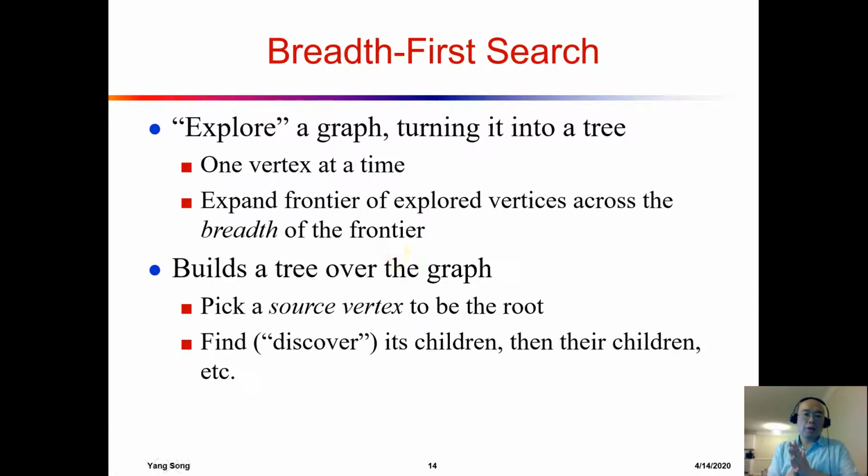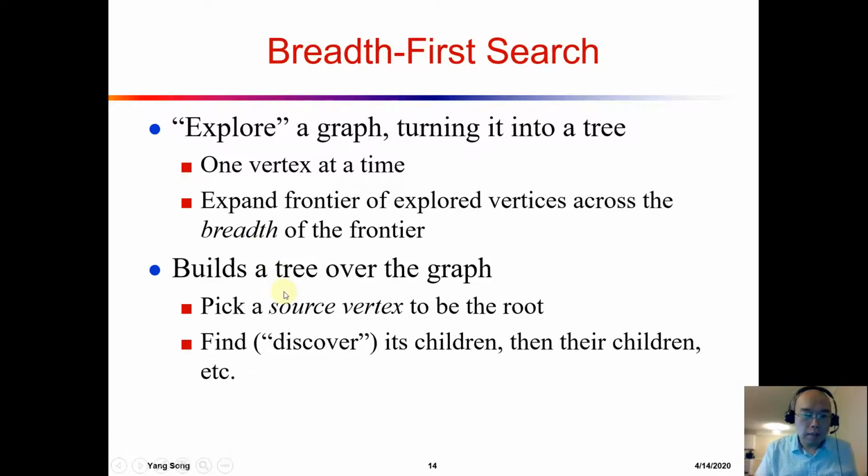So the strategy of exploring a graph and turning that into a tree is that we only visit one vertex at one time, and based on the current vertex we are visiting, we try to expand the frontier of the explored vertices across the breadth of the frontier. Okay, so we are doing a breadth first search.